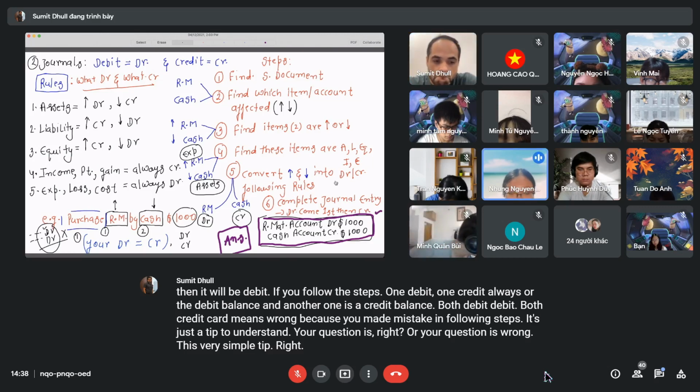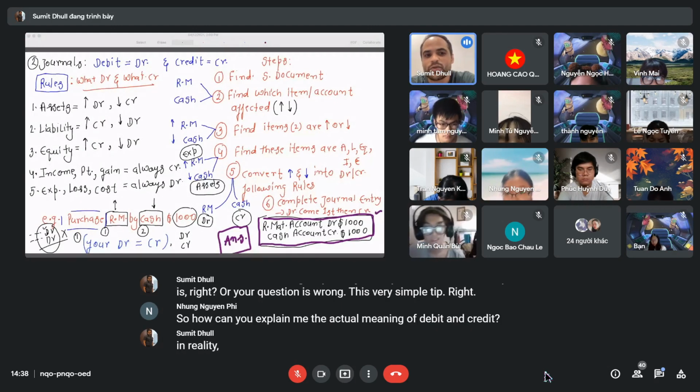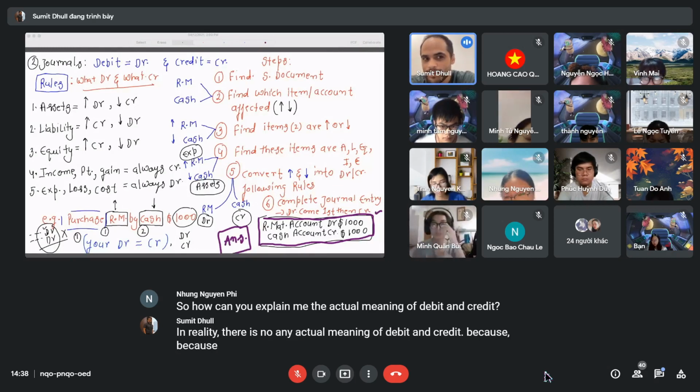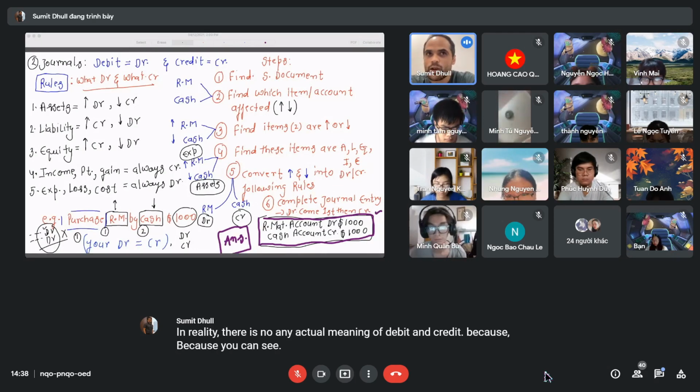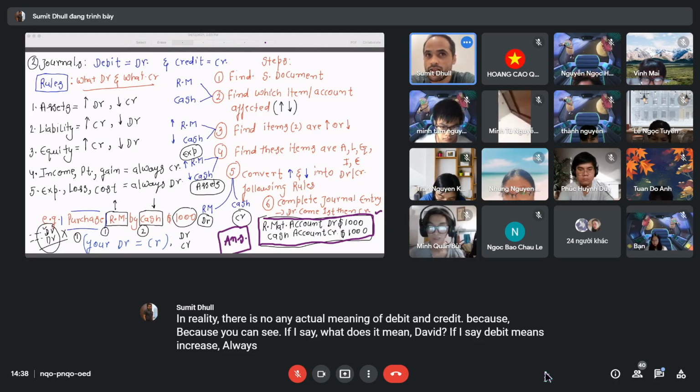Can you explain the actual meaning of debit and credit? In reality, there is no actual meaning of debit and credit. If I say debit means increase, always increase, is it true? No, because debit does not always increase.